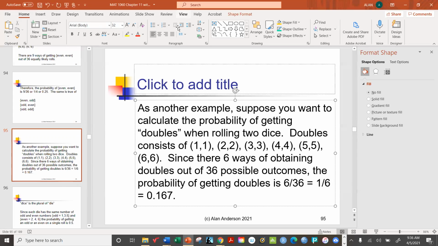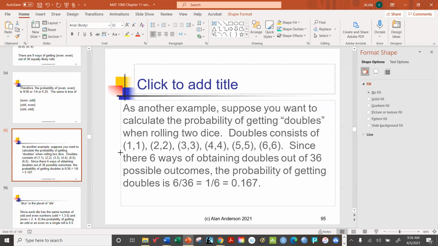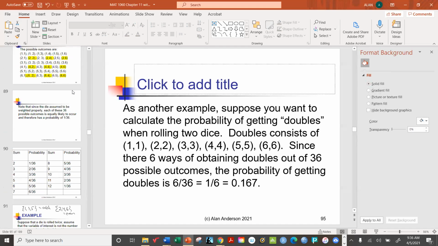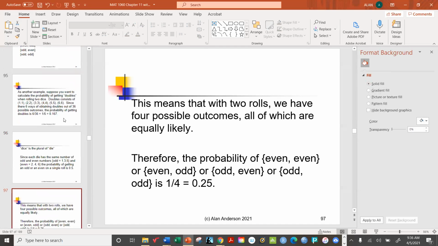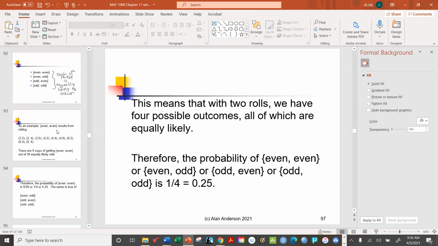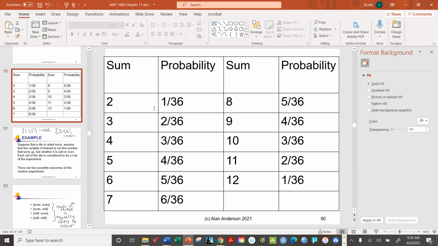Okay, so in a case like this, probabilities are fairly easy to calculate when all the possibilities are equally likely. Now, from this chart, this is the part that's not equally likely, the sums. The actual rolls are equally likely. It's the sums that have different probabilities. So imagine the following situation.